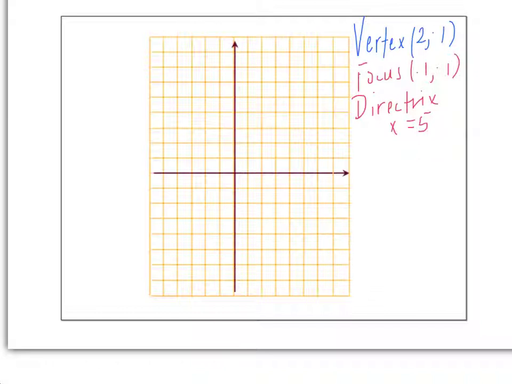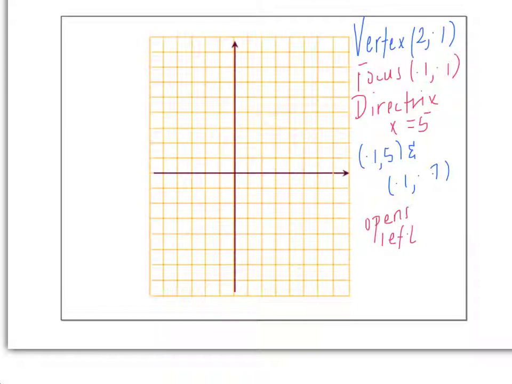We were also able to find 2 ordered pairs, -1, 5, and -1, -7, both of which lie on the parabola. We know that because of the y squared, this parabola is oriented in a horizontal direction, and because of p being negative, this parabola opens to the left. So let's get some of that information on the graph.